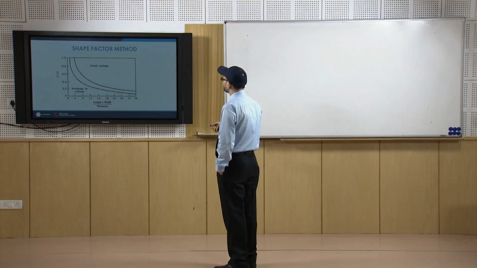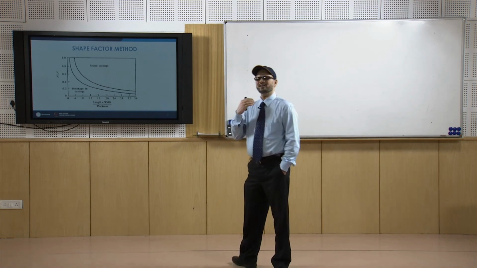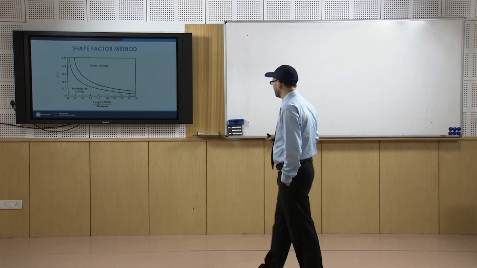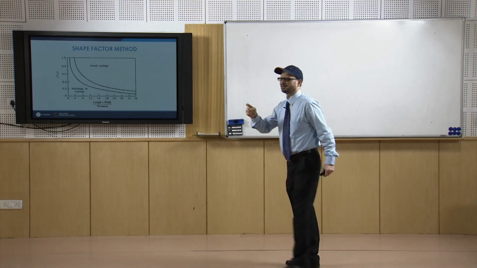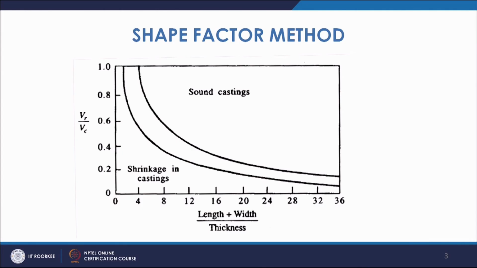The readings were in this zone, that is why this is shown by two lines, and many a times you will have a single line. That single line will show the value of VR by Vc with respect to any particular value of length plus width by thickness.